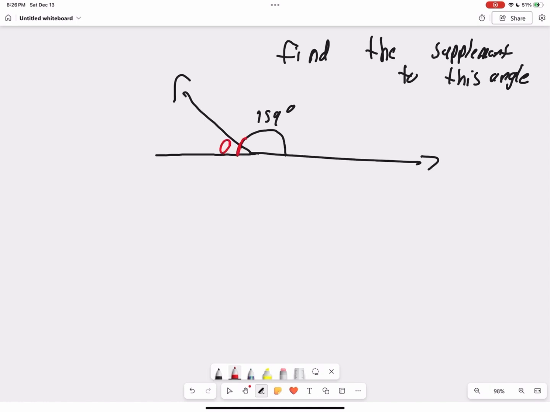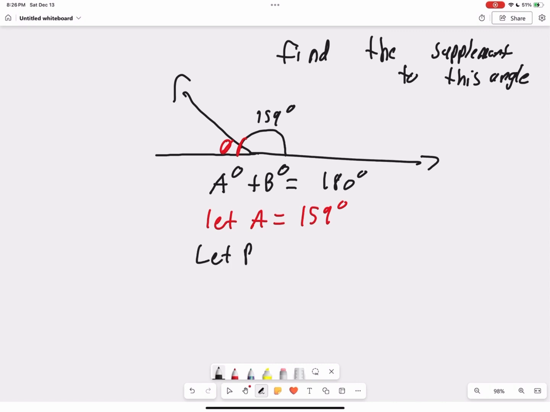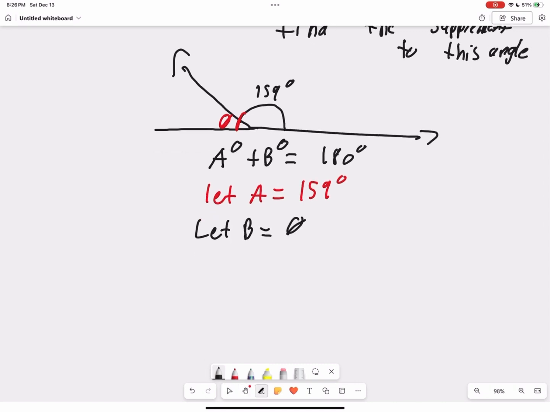So now we have a theta right here. So we're going to use a formula. Angle A plus angle B has to equal 180 degrees. So let A equal 159 degrees and let B equal theta. So let's solve for this.